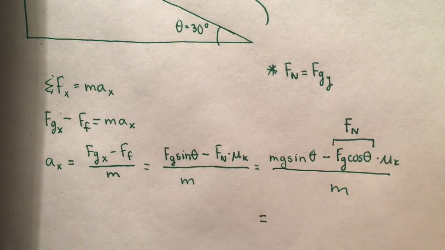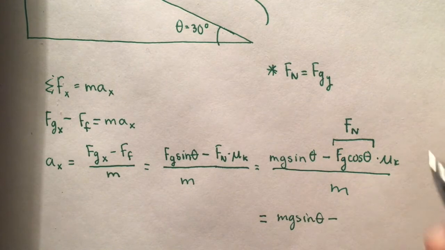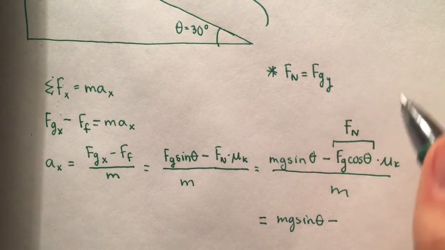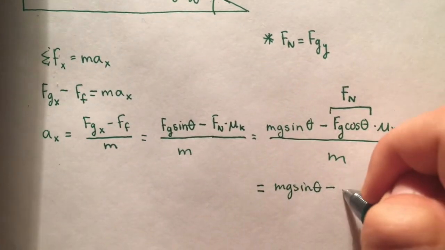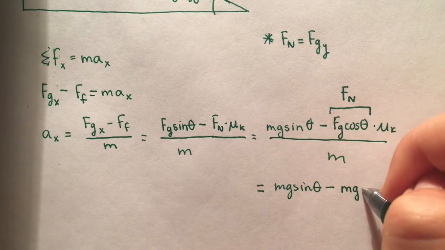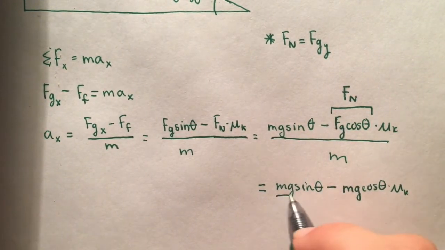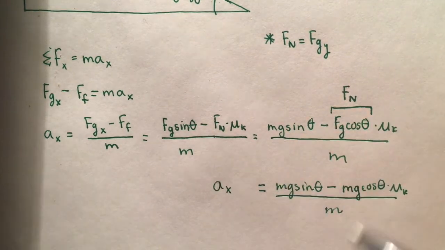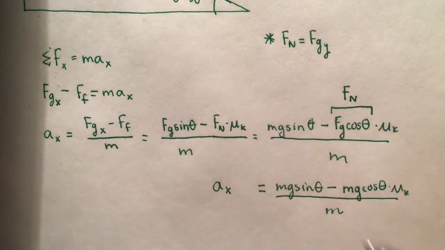So I can write equals mg sine theta minus Fg, force of gravity, is equal to mg, remember? mg cosine theta times mu over mass. This is my equation for the horizontal acceleration, or acceleration down the plane.